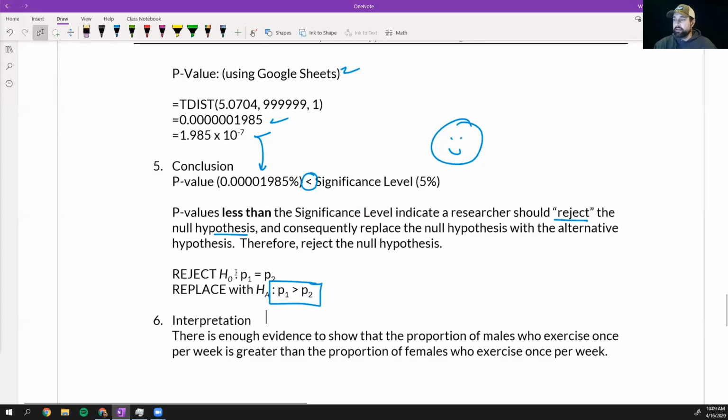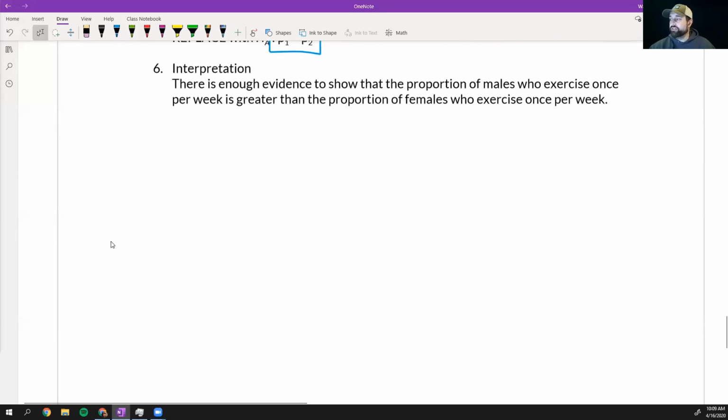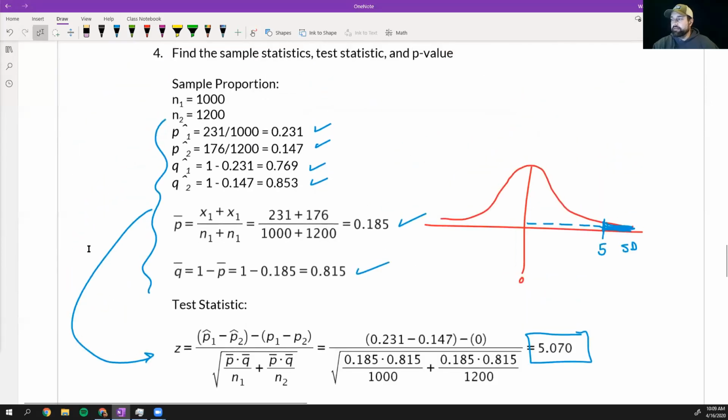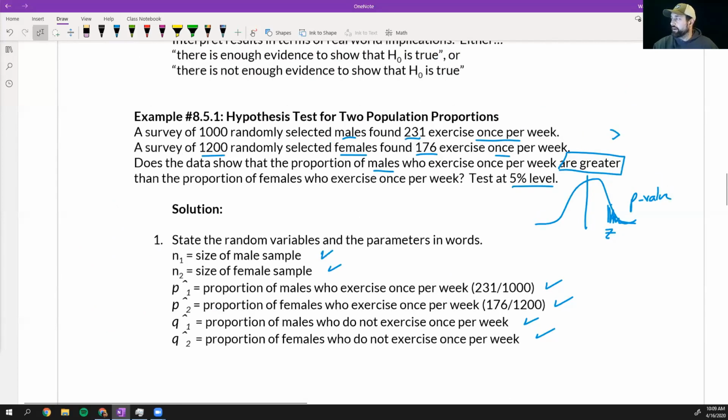So we can say, yes, there is enough evidence from our sample that the proportion of males who exercise once per week is greater than the proportion of females who exercise once per week at the 5% level. And that is the theory behind 8.5.